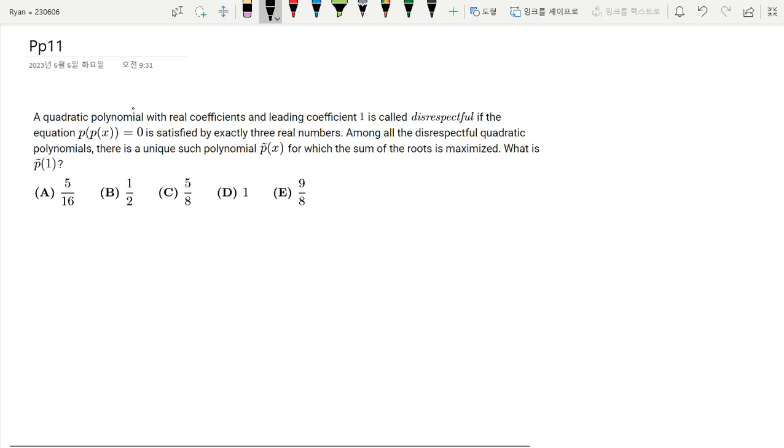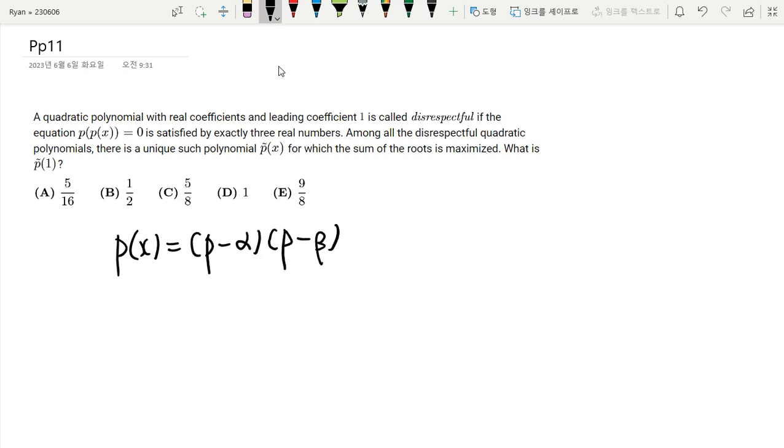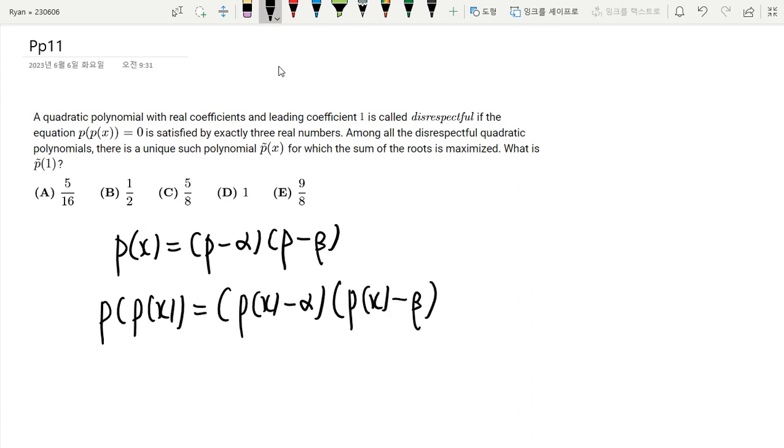So we are starting with the quadratic polynomial. Let's say p of x, the polynomial, has two solutions like this. Because the leading coefficient is 1. And then if we compose this function twice, so p of p of x means this one.